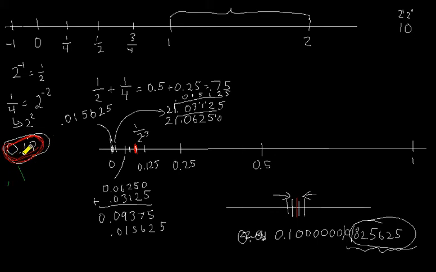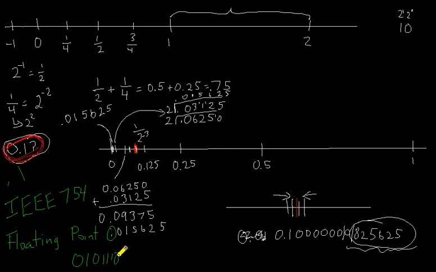If you want to read up more on how this works, look at a standard called IEEE 754, and it's talking about floating point notation. The term floating point comes from how this decimal is represented and the format that they use for the different parts in the bytes to say which part belongs to what for the encoding. That's all for this video, but take a look at that if you want to learn more about this topic.